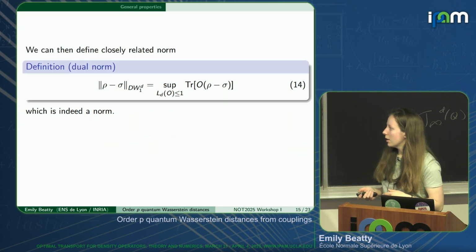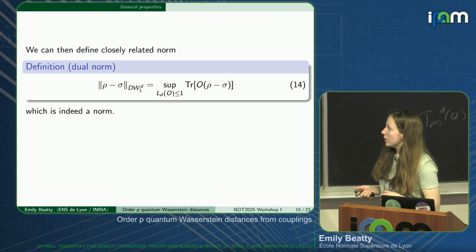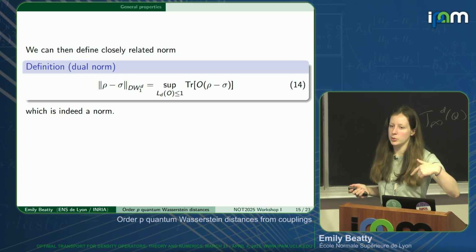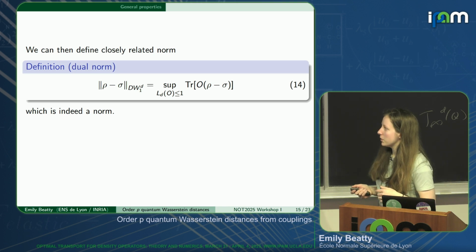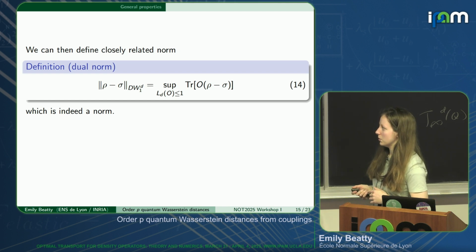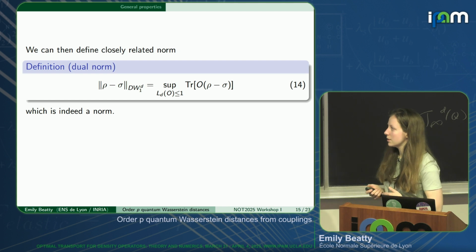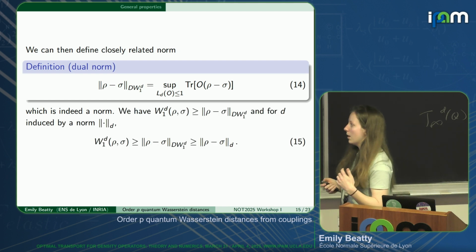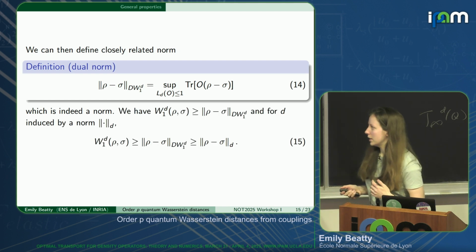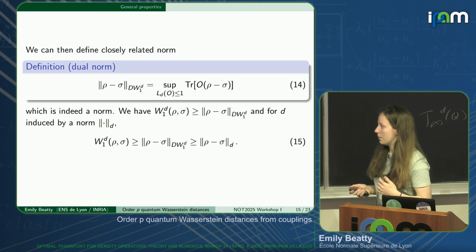And then we can define the closely related norm just by taking the double dual of the original definition. If you dualize the Lipschitz constant we just defined, you get what we call the double dual norm of the quantum Wasserstein distance with respect to distance D on your pure states, which is indeed a norm. It sits very neatly at the bottom of this hierarchy.